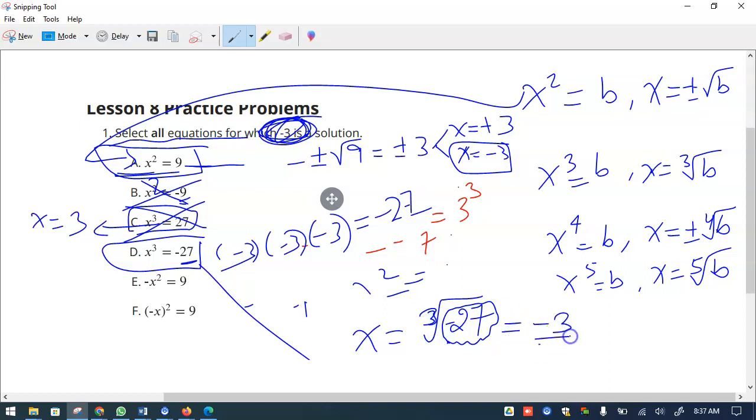Minus 3 is the only number. So the cube root of negative 27 is negative 3.